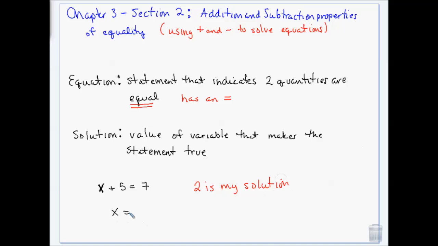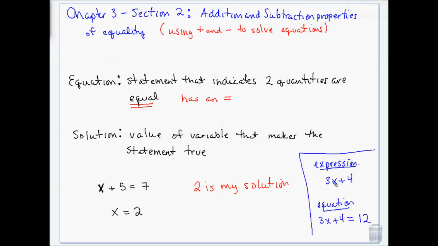That means x equals 2. And x can't equal anything else because any other number I throw in there would be false. It has to be 2, because 2 plus 5 is 7. But if I said, oh, x is 6, no, 6 plus 5 is not 7. Does that make sense? Okay.